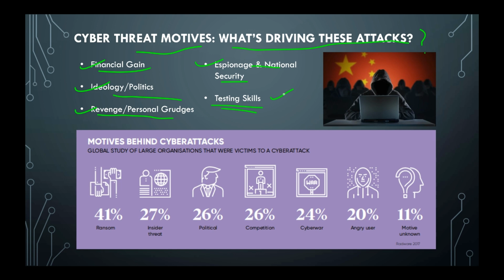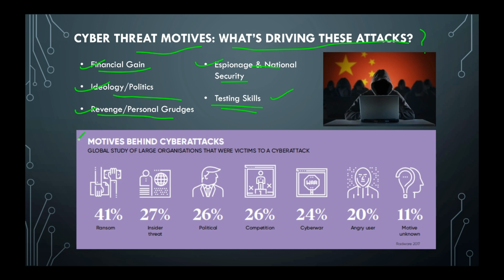For example, a teenager breaking into NASA systems just to prove they could. Yes, it has already happened, you can go check the internet. Sometimes curiosity alone can cause massive damage. So these are the big five motives: money, ideology, revenge, espionage, and curiosity.